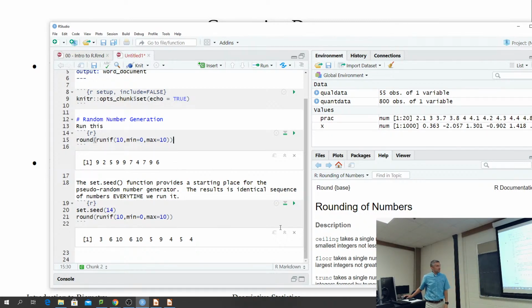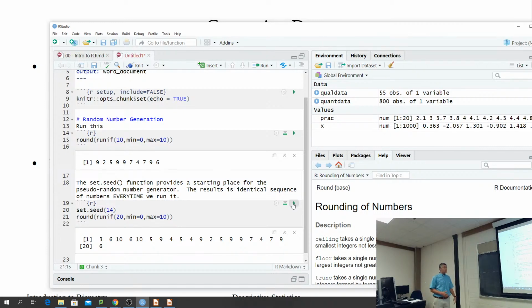I generated 20 total. Run this. 92599744796.